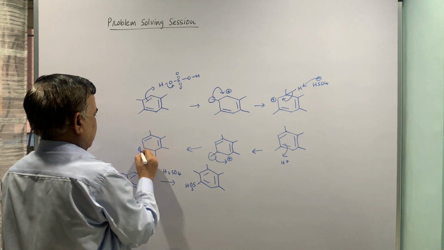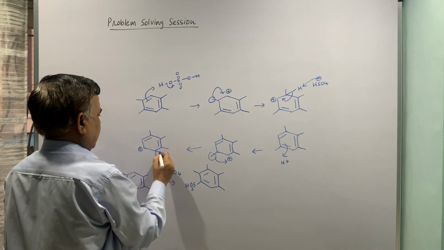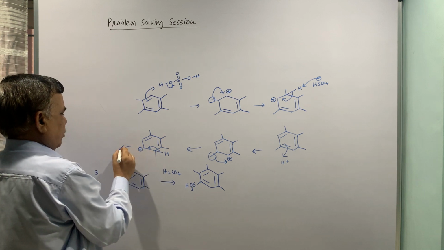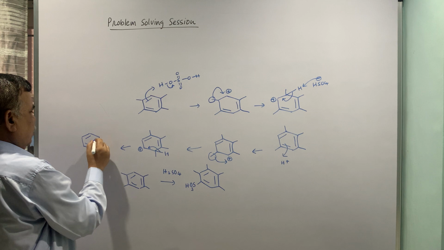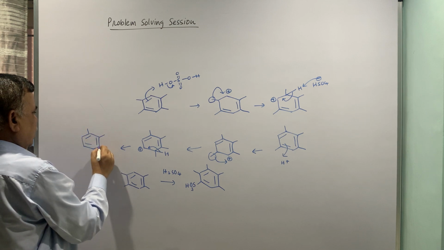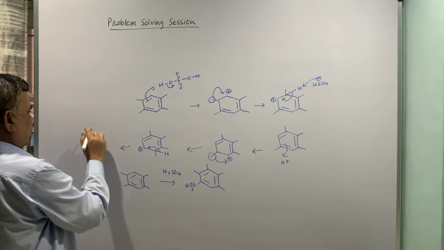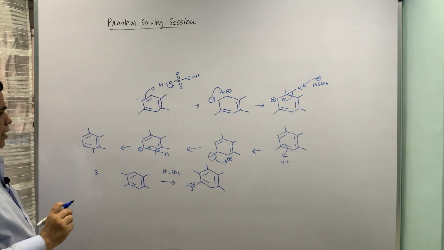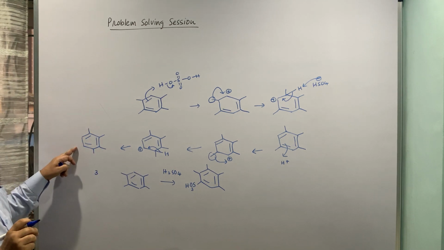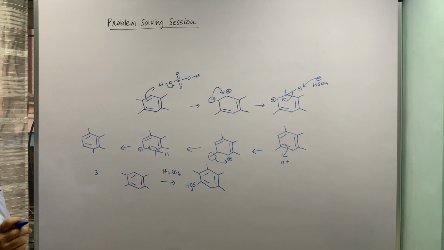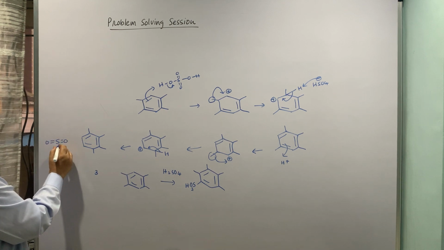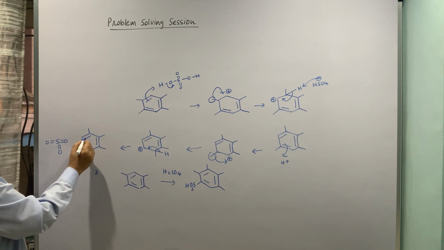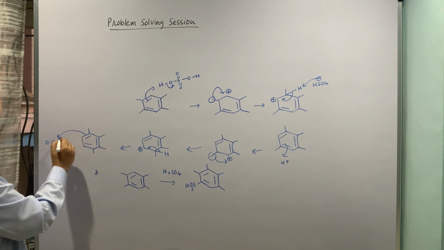Now, since methyl is moving away, it is positive, and loss of proton will give you the 1,2,3,4-tetramethyl benzene. Okay. Now, once this is obtained, then these two positions are chemically equivalent. So, they can be approached by sulfur trioxide, and I can show it this way.